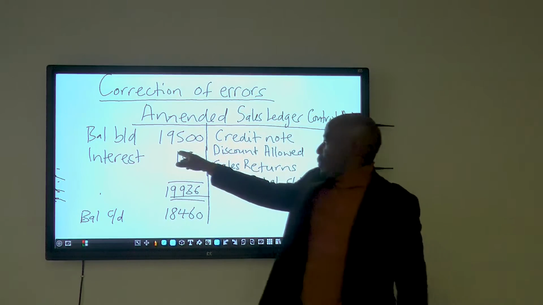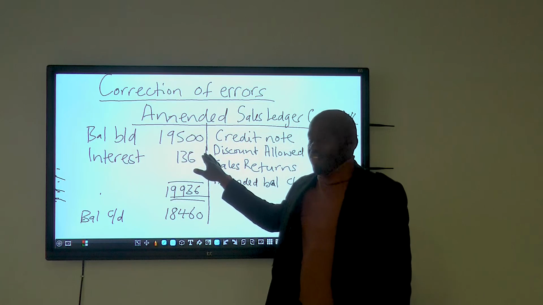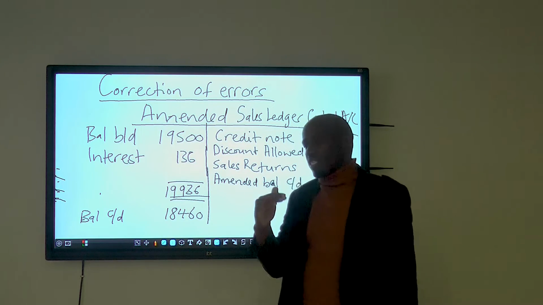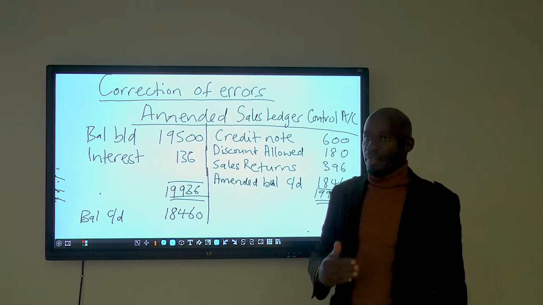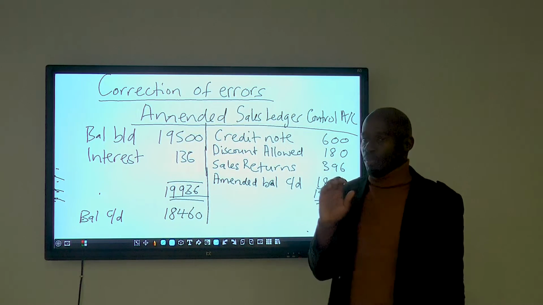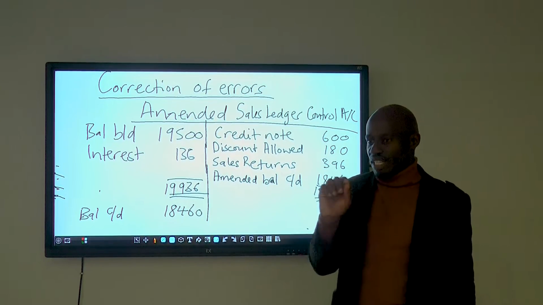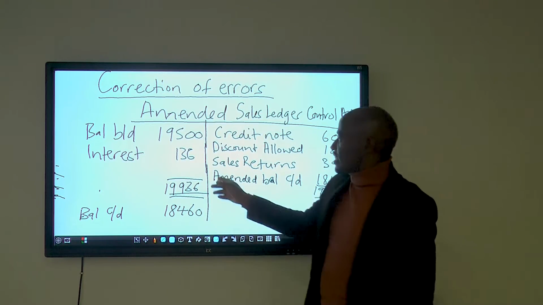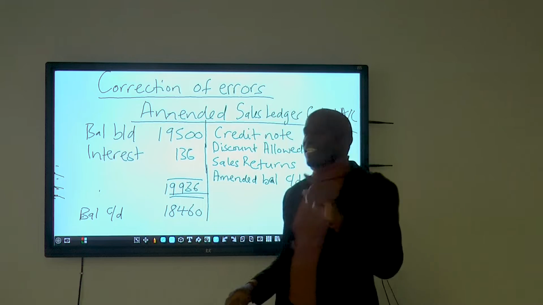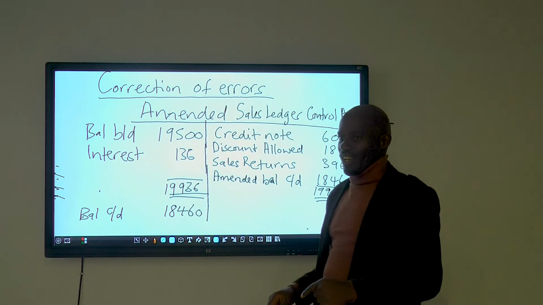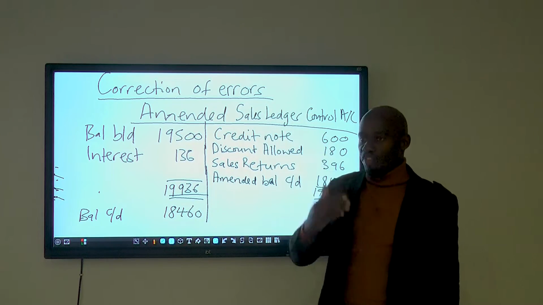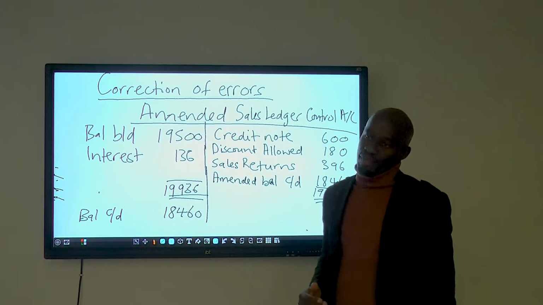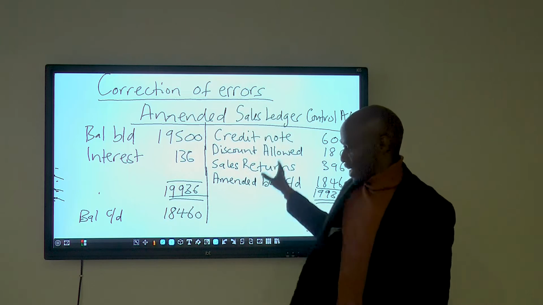Now, the opening balance, that is the 19,500, you would remember that was our closing balance from our previous lesson where we prepared the sales ledger control account. Now, it is this 19,500 which is not agreeing with the list of balances from the sales ledger. Hence the need to amend.